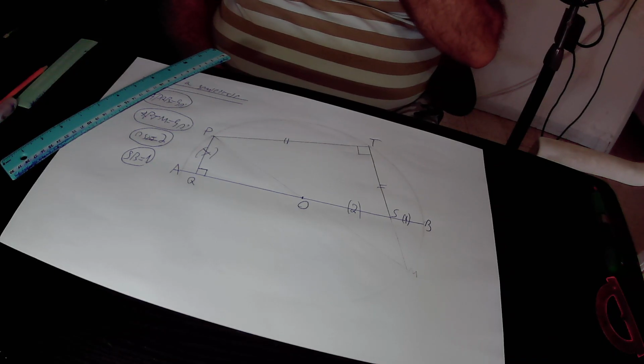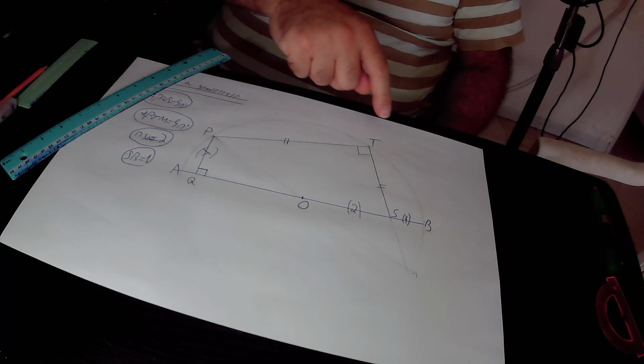So, in the first step, we complete this semicircle to a circle.